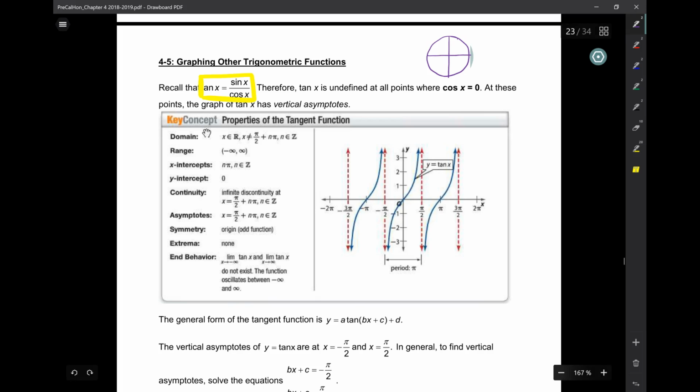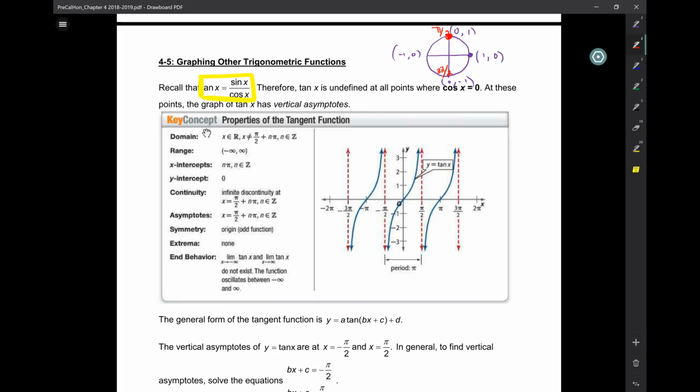So if I'm here, x is 1, y is 0. If I'm here, x is 0, y is 1. And here we're at negative 1, 0. Here we're at 0, negative 1. So if I'm at pi over 2, or if I'm at 3 pi over 2, the cosine there is 0.